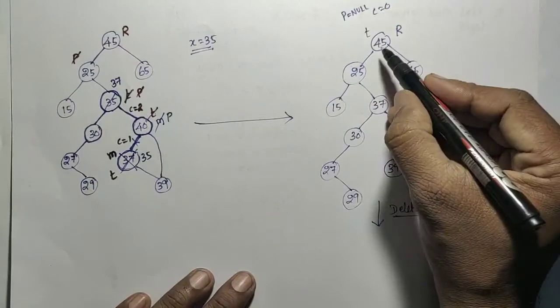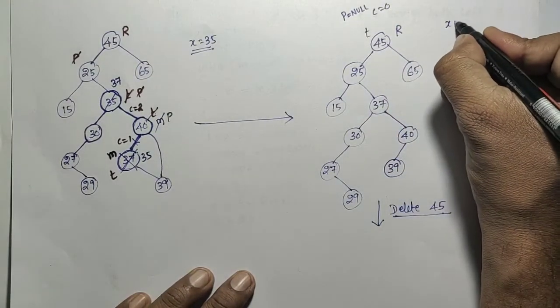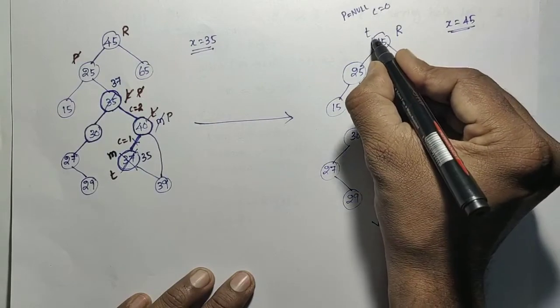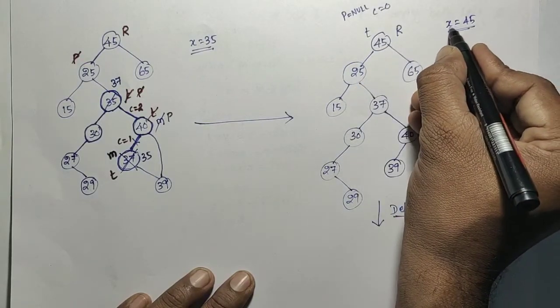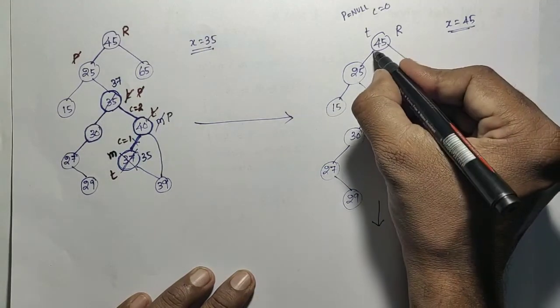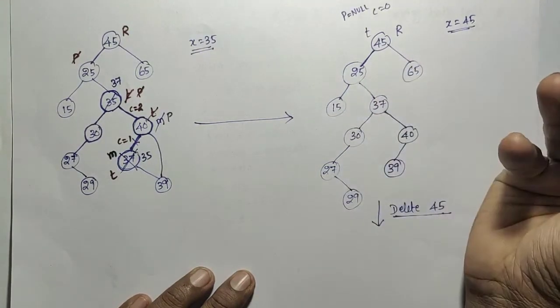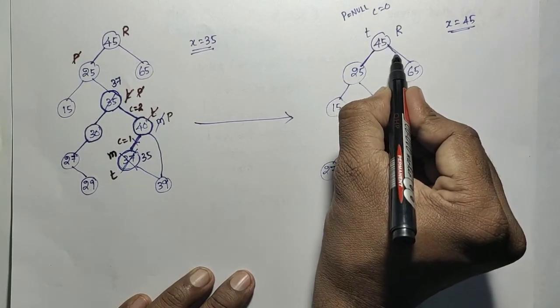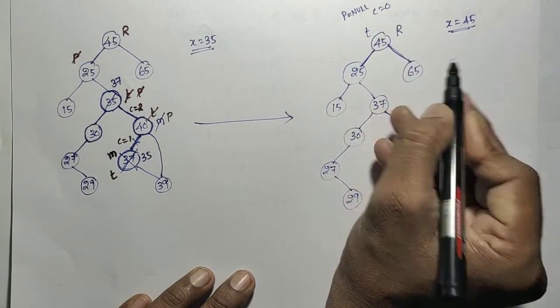As per our algorithm, our x is equal to 45 now. So it will be compared: t of data equal to x. Data found. Data found means it will check left equal to null. Left is not equal to null. Again it will check whether right equal to null. Right is also not equal to null.